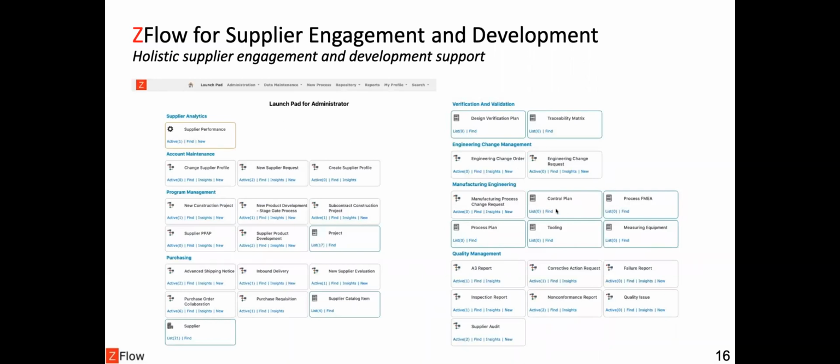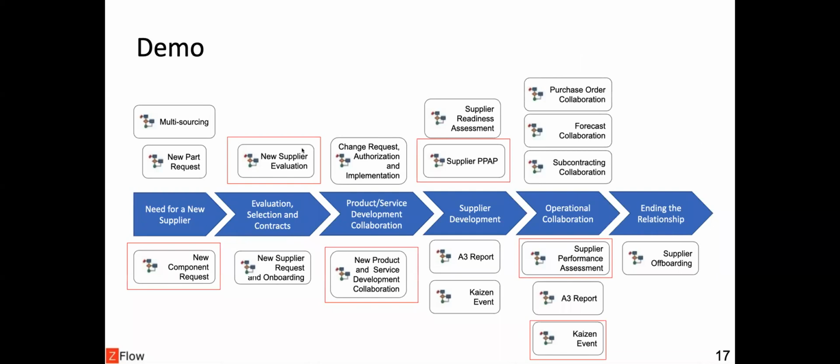We believe that the beginning-to-end approach is what would be most effective when you're engaging with suppliers and developing suppliers. So what I'll do is take you through a demo of some of the different workflows and even perhaps some of the tools that we've developed to support supplier engagement and development.